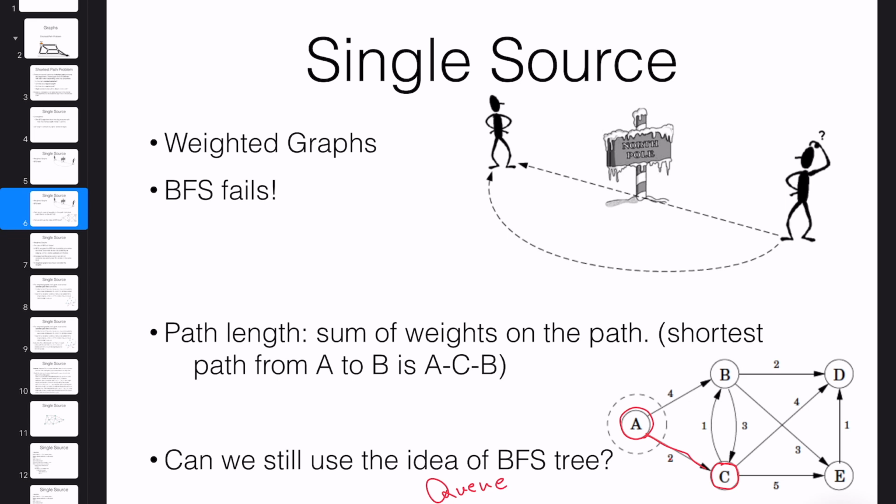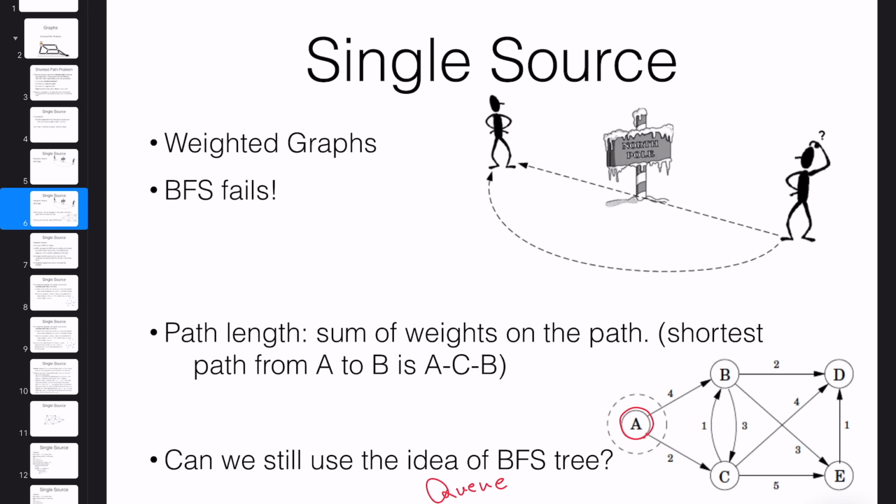You add A, at the beginning A is there, then let me actually erase here. A is in the queue. You remove A from the queue, and you push both nodes C and B to the queue.